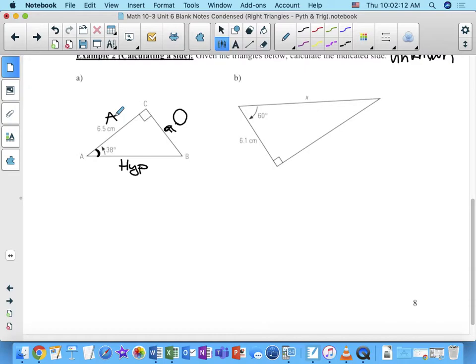If you want the opposite side, if that's what you need to figure out, one hint is that when you're looking at your trig ratios, maybe I'll just rewrite this up here so that I don't have to keep flipping back. Only 2 of the trig ratios include the opposite. Which one doesn't include the opposite?